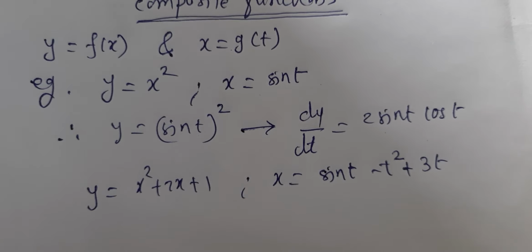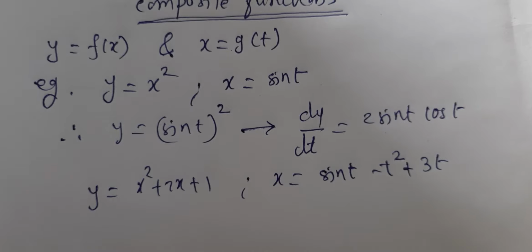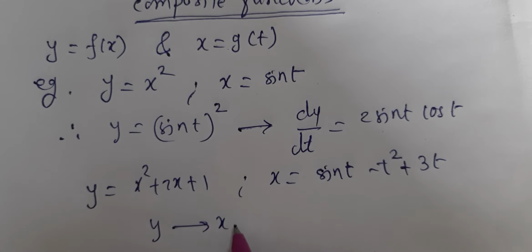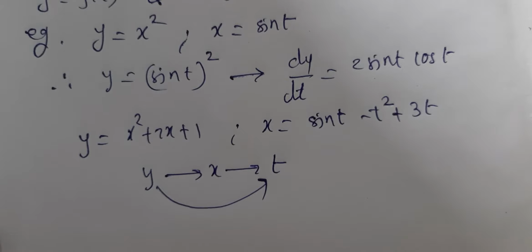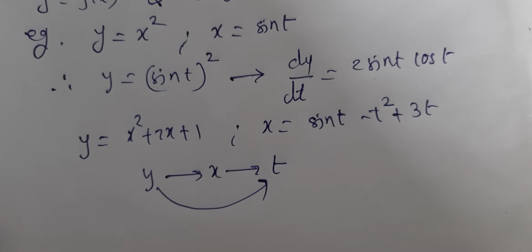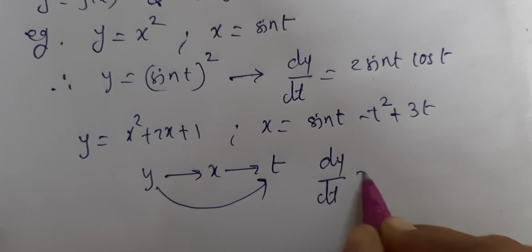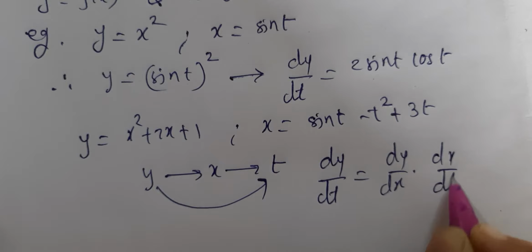In this case, if you actually try to substitute, it will be very complicated. But still you can see y is a function of x, x is a function of t, so y is a function of t, and we can always find the derivative of y with respect to t, and you have seen it, dy by dt is dy by dx into dx by dt.